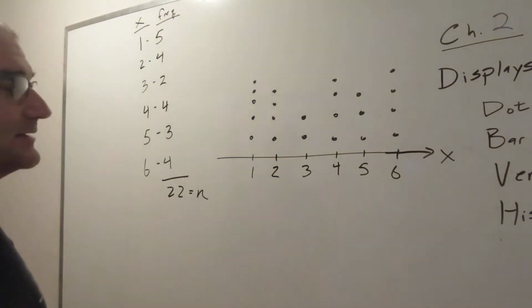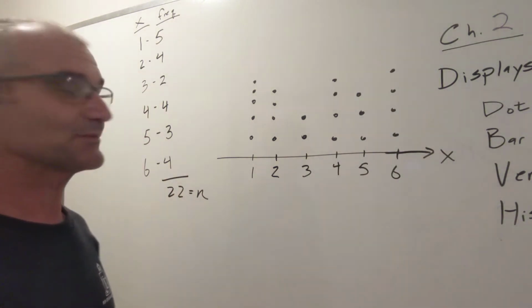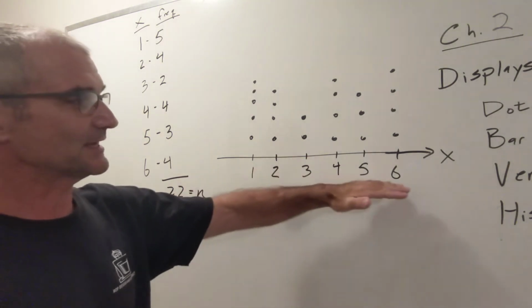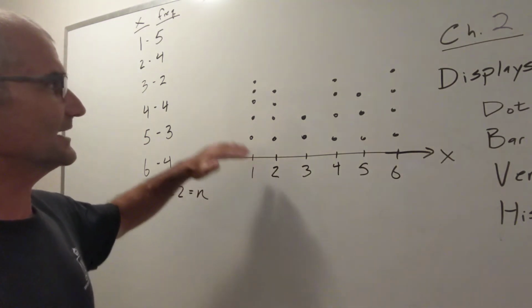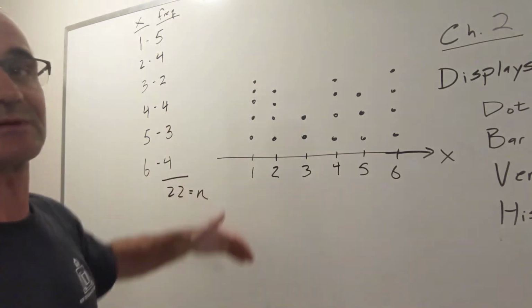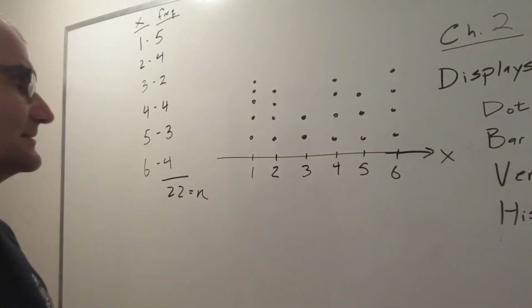So that's called a dot plot. It's a number line. X is the value you could get, and the number of dots above it is how many times you got it.